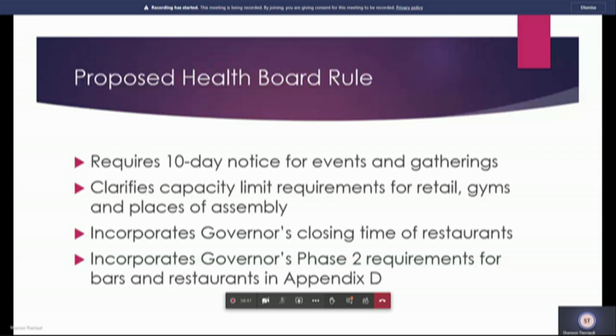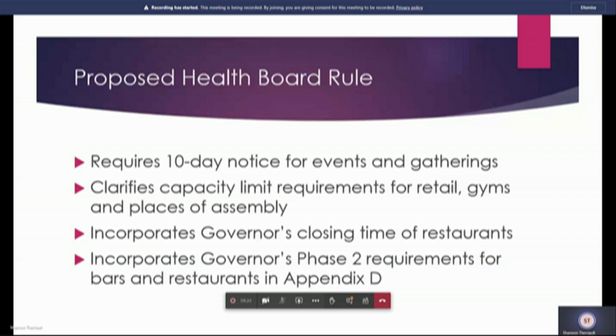The other thing is that it clarifies the capacity limit requirements for retail, gyms, and places of assembly. So it doesn't change the 50% cap, but it does have some clarifying language. Our recommended changes clarify what that really means and what retailers really need to do, especially the really large retailers. We already were putting forward the expectation that you had to determine what that 50% capacity is.